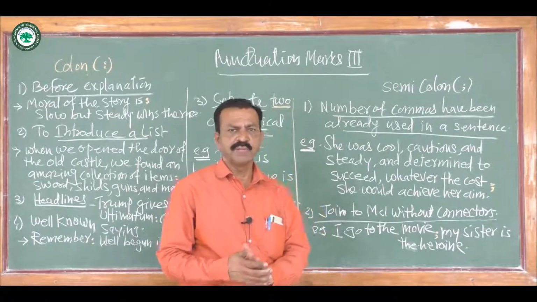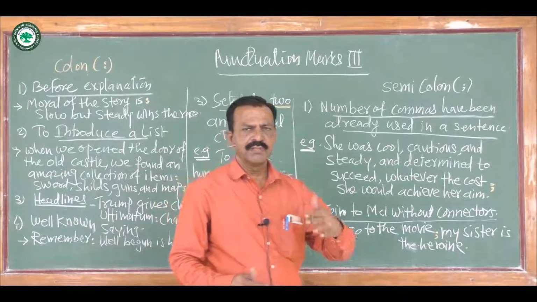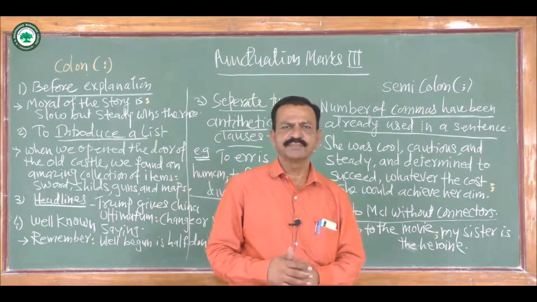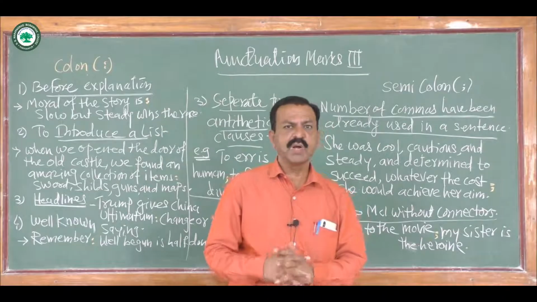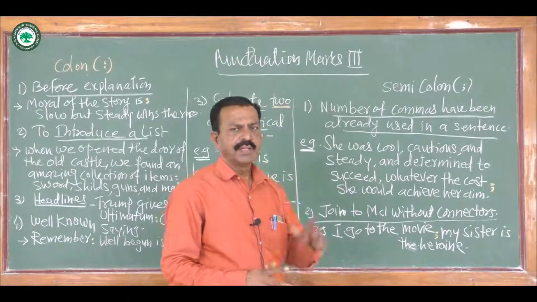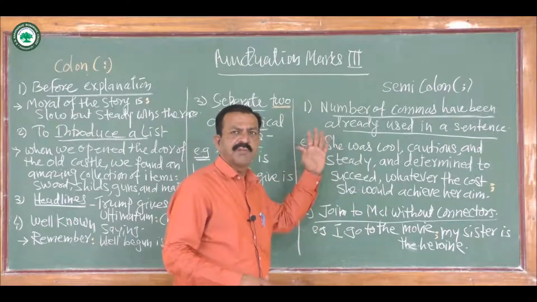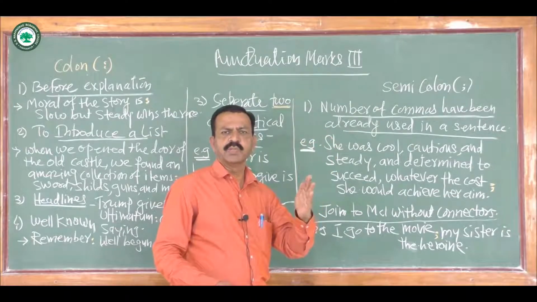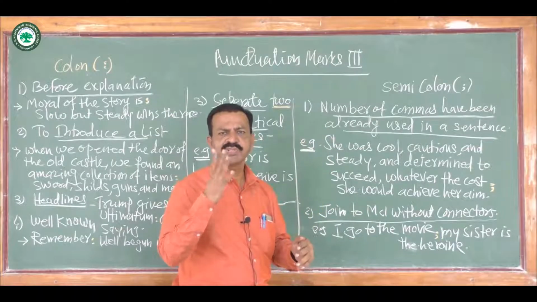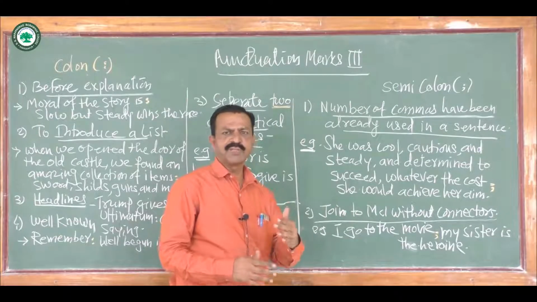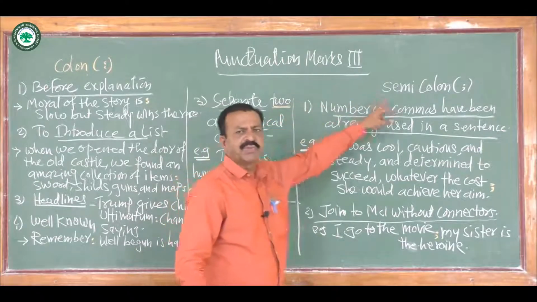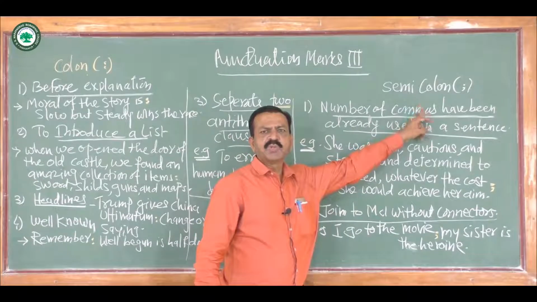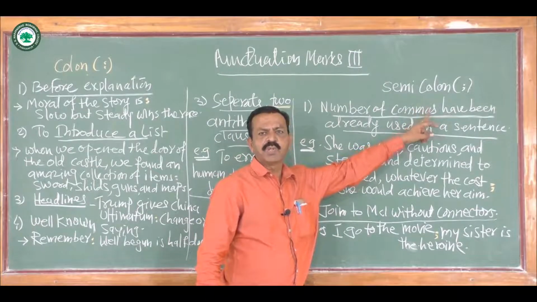So first of all, as we have already studied the importance of these punctuation marks and how they play a vital role in written communication. The first one which we are going to study is the uses of semicolon.